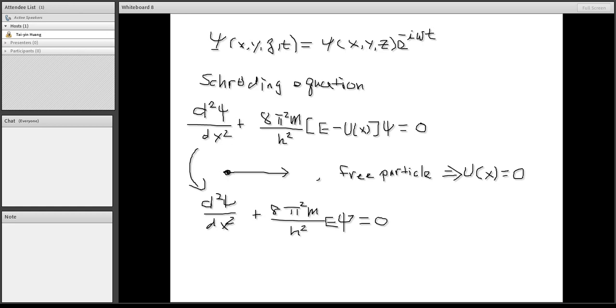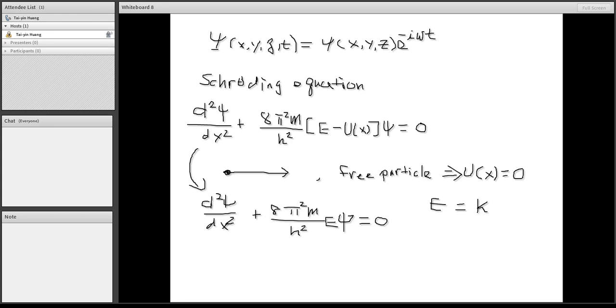Because there's no potential energy, the energy of the system is simply equal to the kinetic energy, because mechanical energy is kinetic energy plus potential energy. Now your E is equal to K, the kinetic energy.